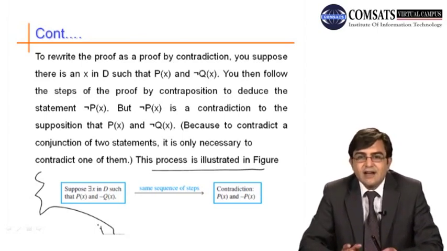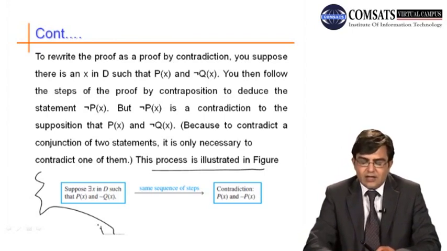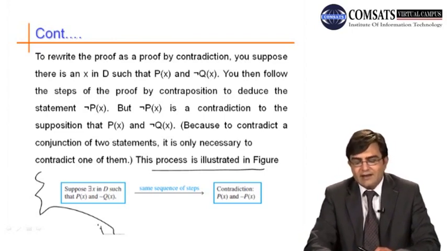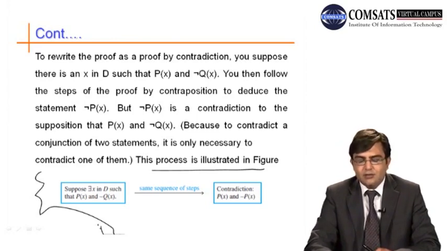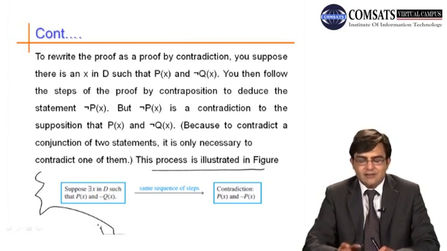And at this stage we say that what we have supposed was a contradiction, because we arrive at the contradiction p of x and not p of x. P of x by the hypothesis is true, and after some sequence of steps we arrive at not p of x is true. So at the end we always try to obtain some contradiction.